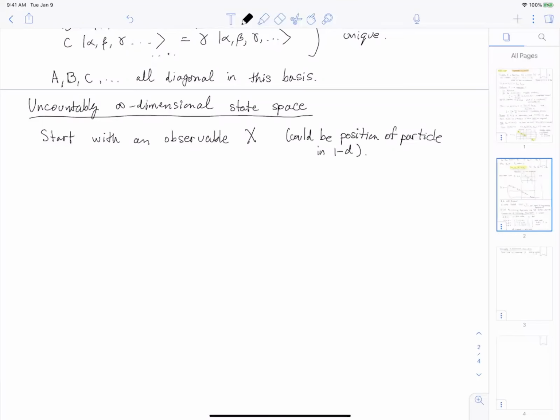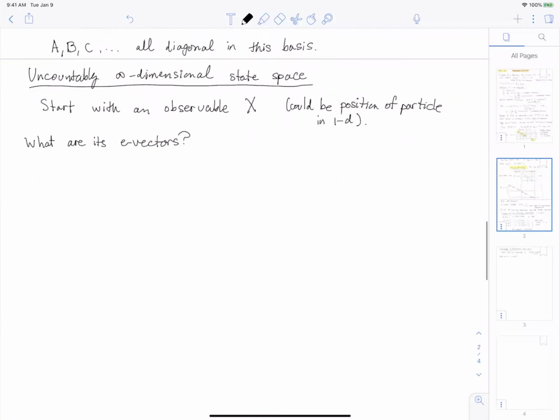Now we can ask, what are its eigenvectors? Since we don't know, let's just name them. X acting on an eigenvector, that's a lowercase x, is the number x times the ket x back again.